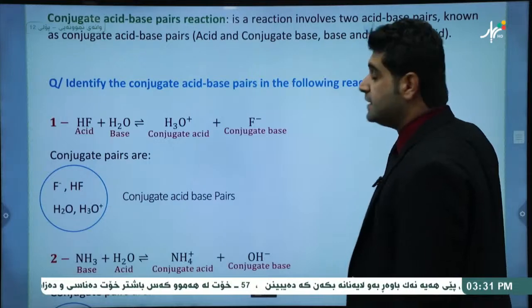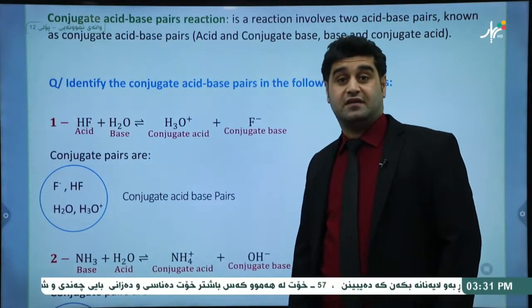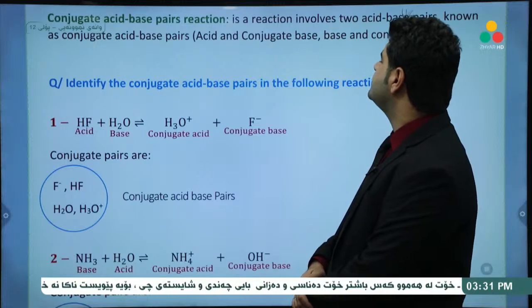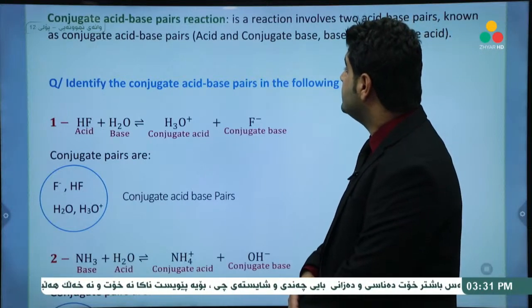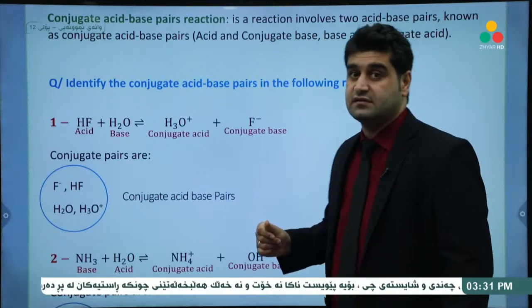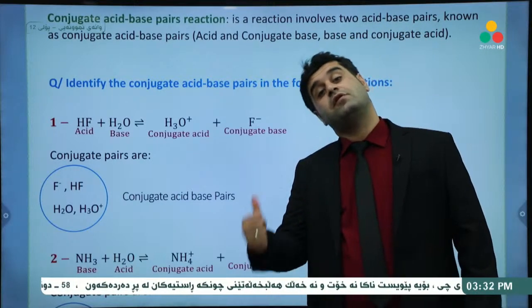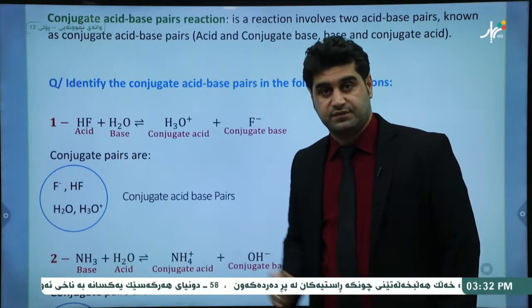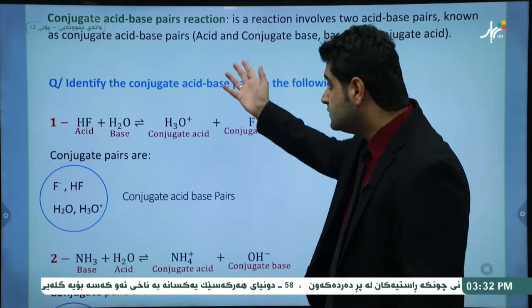Well, a new thing. Conjugate acid-base pair. Well, it's a very good subject. Actually, it makes the before and after things easier. How? Let's do it.